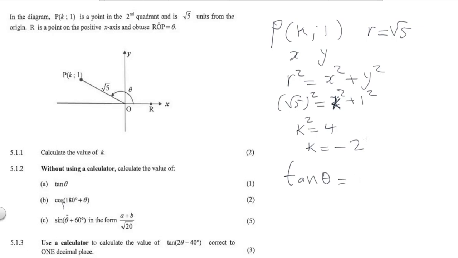Your x is this one, your y is 1, so you have minus 1 over 2, because a negative cannot be in a denominator. So tangent theta is minus y over x. So, done.